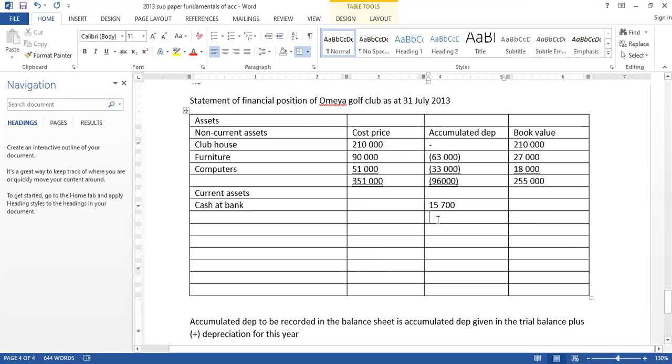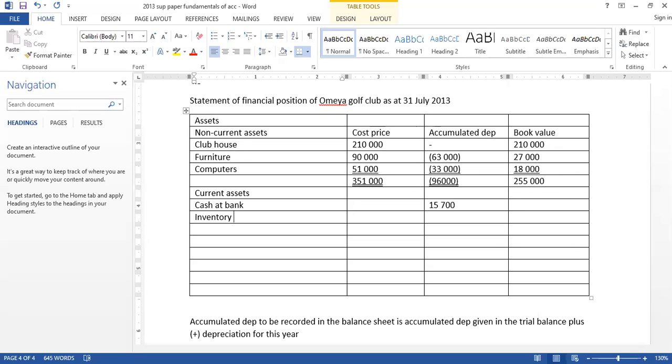What other asset do we have? The current assets we have there? Any other asset? Don't forget closing inventory. We have inventory. Now our balance sheet has to do with both our trading account and our income and expenditure account, all information together.